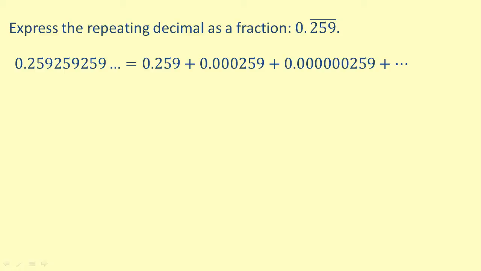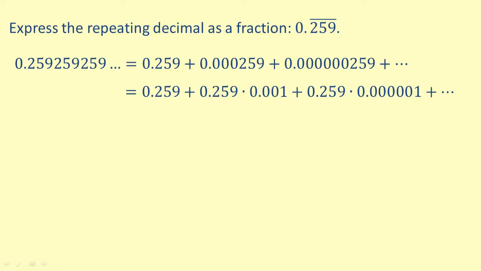Factor out a common term. In this case, we can factor out 0.259. This gives us 0.259 plus 0.259 times 0.001 plus 0.259 times 0.000001, and so on.